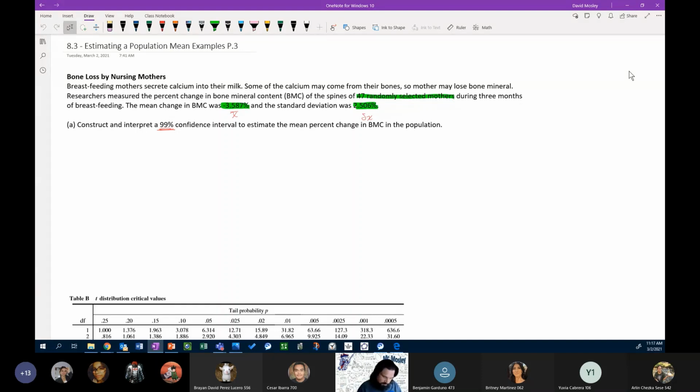Right, so step 1, we need to state what we're going to do. We want to estimate mu, the true mean percent change in BMC in the population.